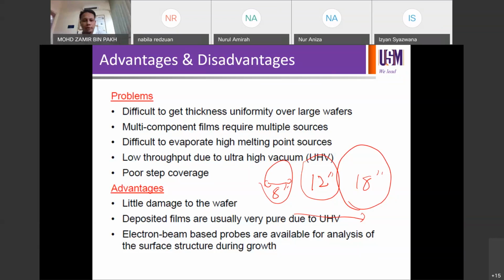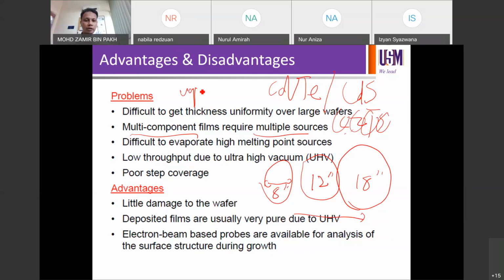Multiple components require multiple sources. We discussed this yesterday when we discussed cadmium telluride, cadmium sulfide, for example, or CZTS, right? If you look at CZTS, each element is melted at different temperatures, and they have different vapor pressures as well. So you might want to check this.